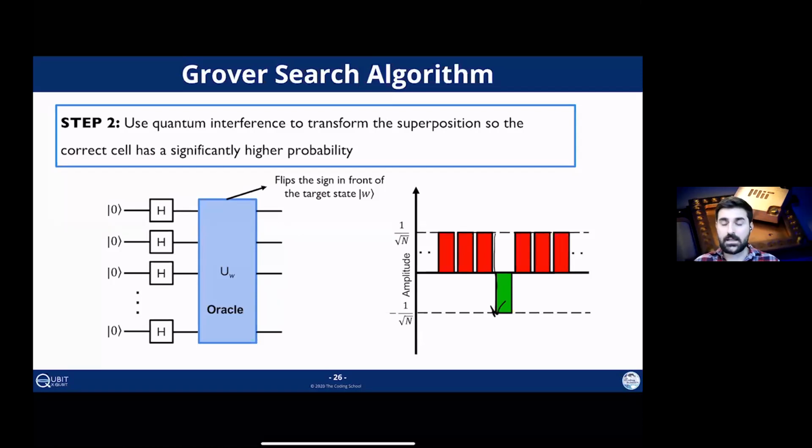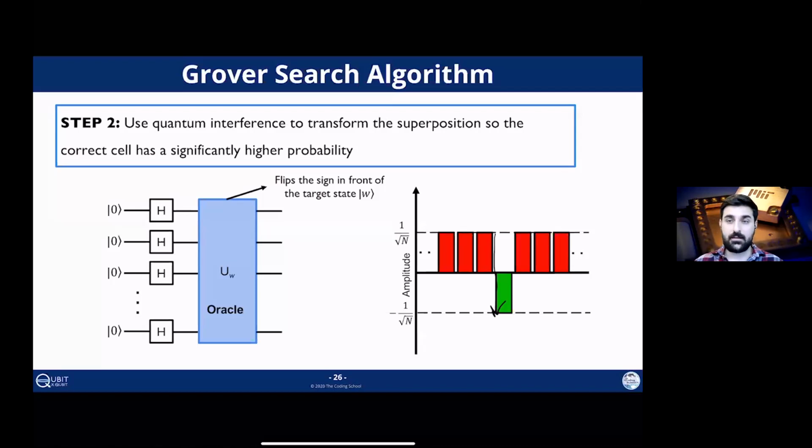Now, how that works exactly, we will discuss. But the idea here is that since I'm in a quantum superposition, if I only apply a single oracle operator to the superposition, it'll act on every single element. We will talk about the construction of the oracle in a bit.